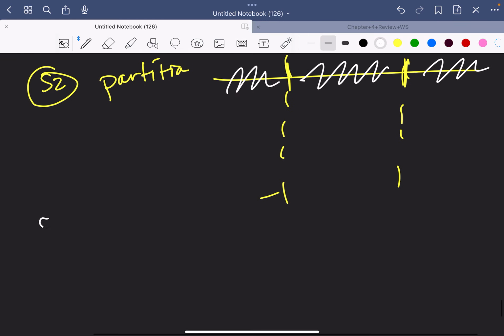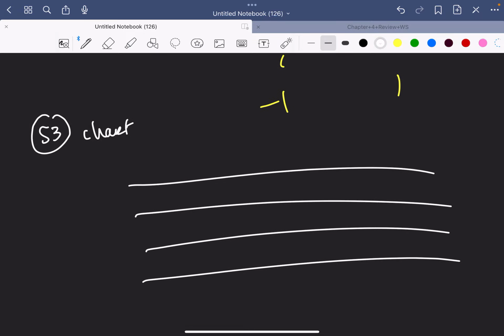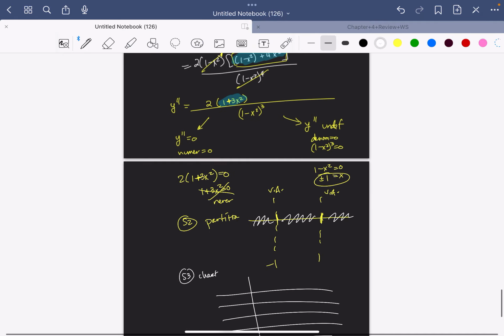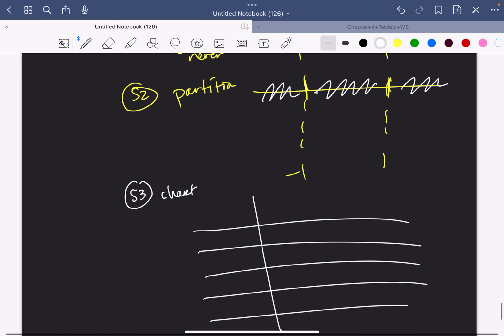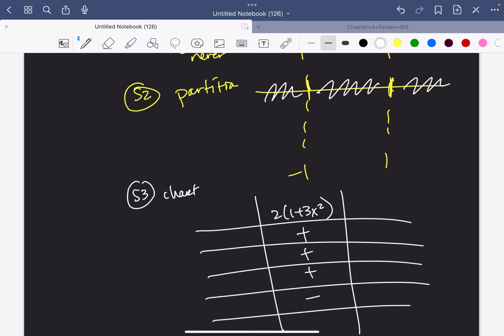So now what we're going to do is step number 3, we're going to chart. So when we chart, we are going to have up top, it's going to be 2 and 1 plus 3x squared is the numerator. That's always going to be positive no matter the interval, right?